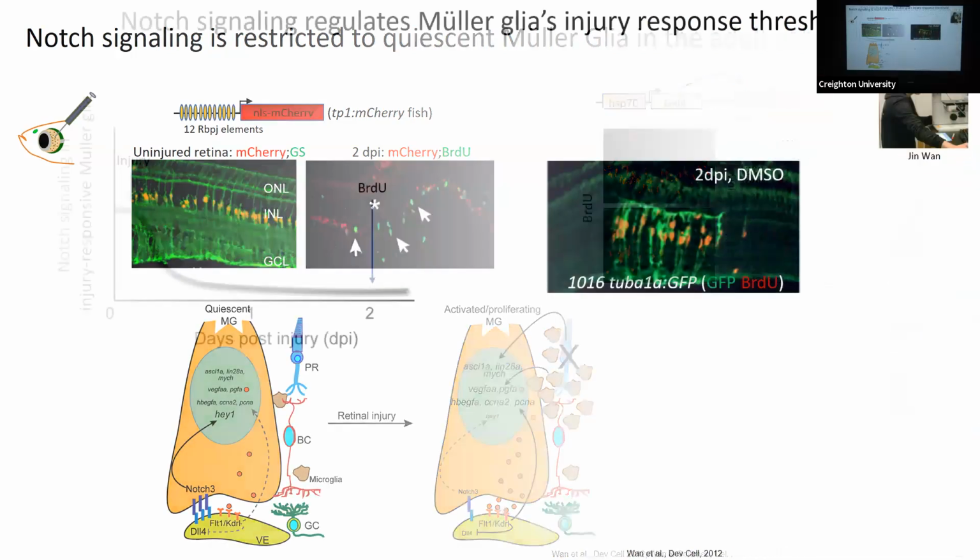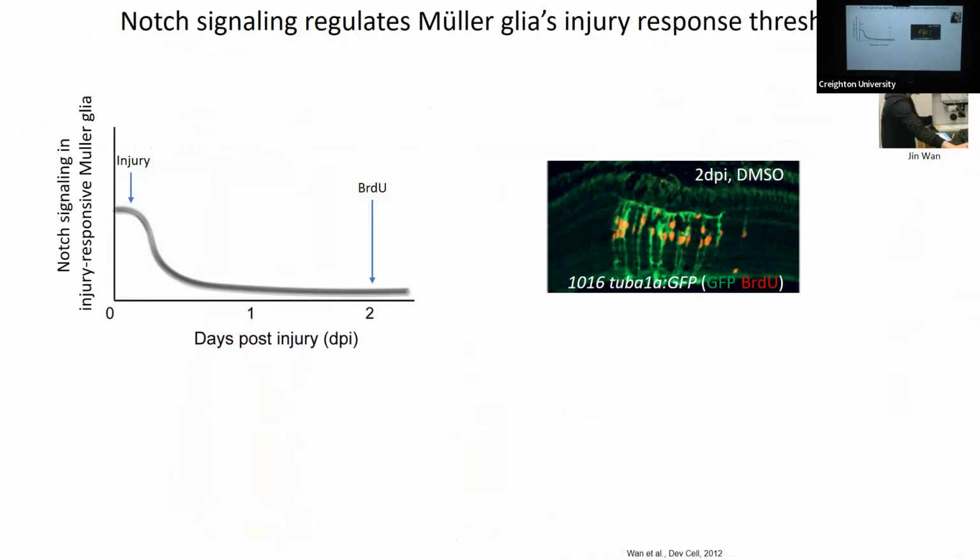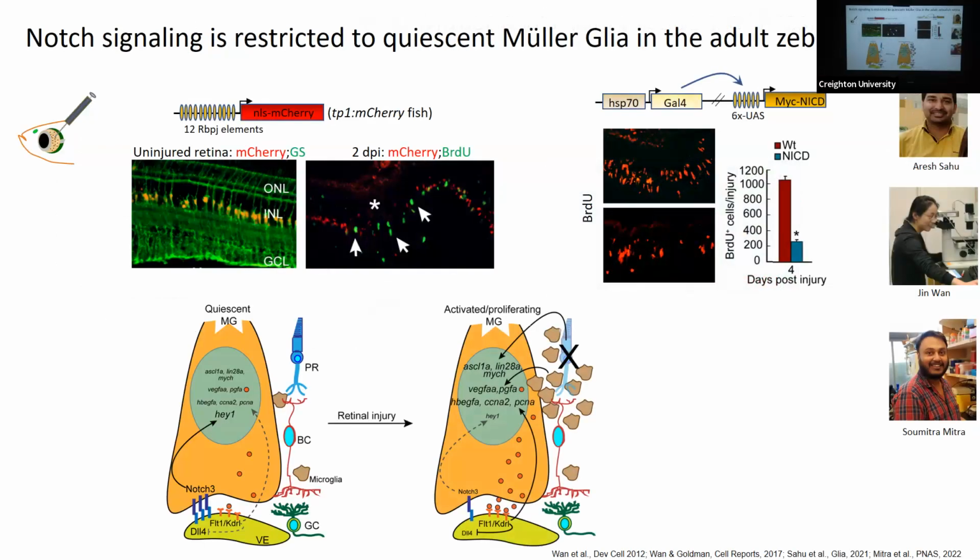If we ask what ligands are responsible for this, we were surprised to find that we identified vascular endothelial cells expressing Delta-like 4 that followed the Notch signaling profile. When we did single-cell RNA-seq, we found the vascular endothelial cells regulated Delta-like 4 in parallel with what we saw in the Notch reporter expression.